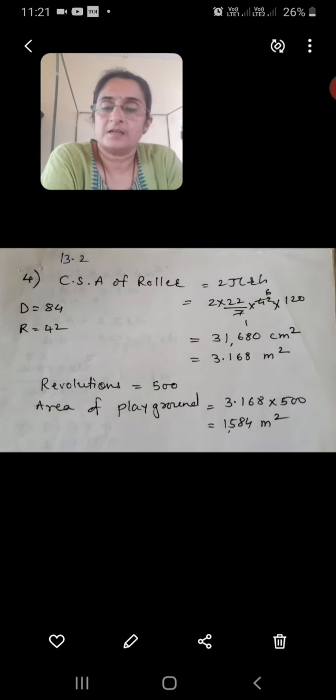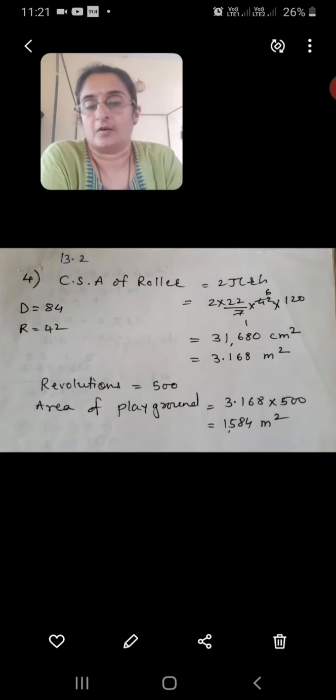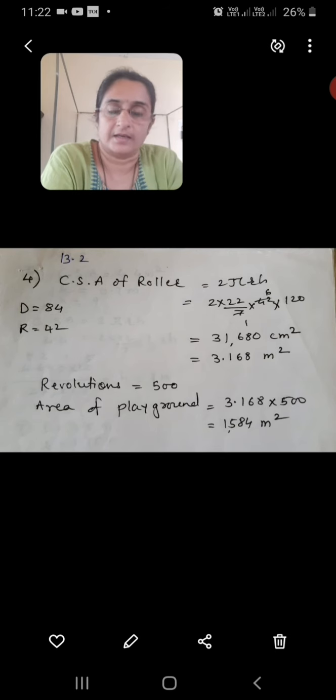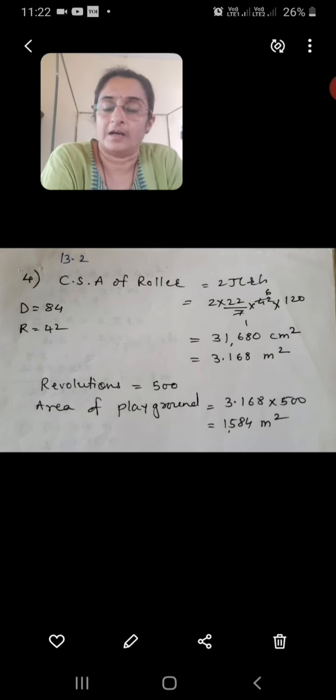Now this curved surface area is one revolution of that roller. So in one revolution, when it turns, it will cover 3.168 meter square area. Now to level the playground, it has taken 500 revolutions. So we have to find out in 500 revolutions how much area is covered.